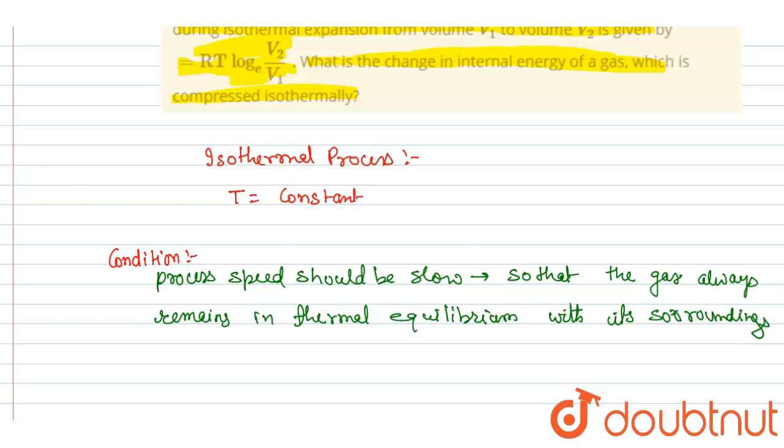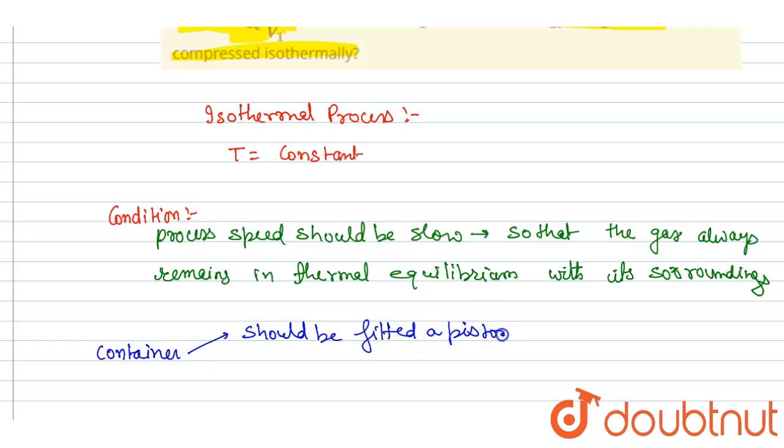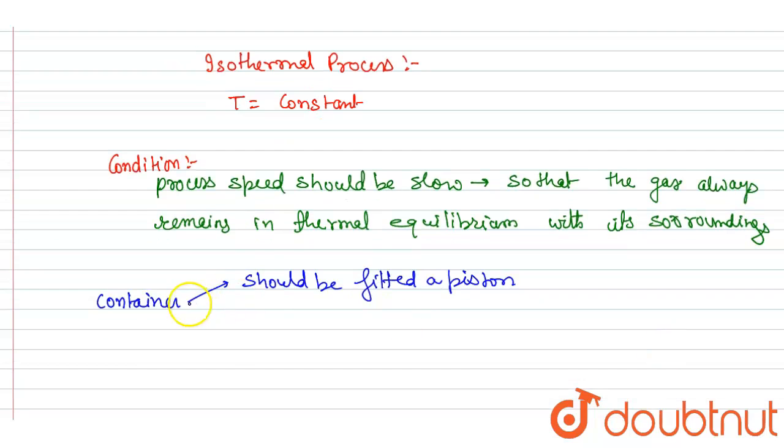And the second condition is that it should be carried out in a container fitted with a piston, and the container should have conducting walls.